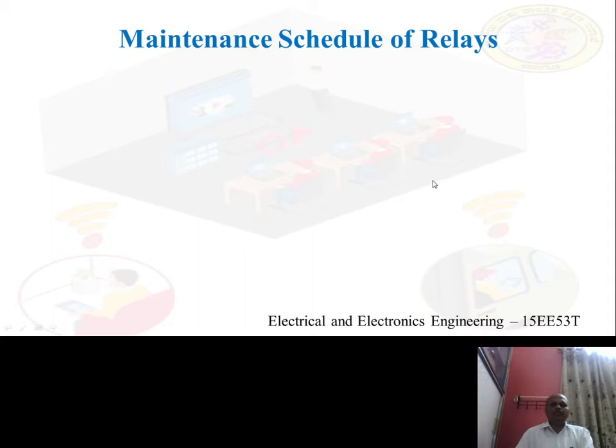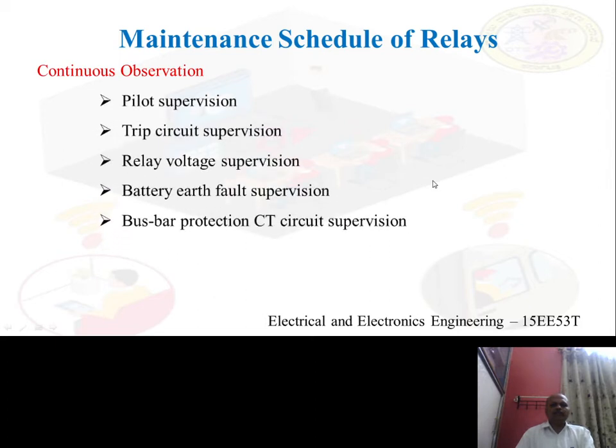Now, maintenance schedule of relays. Continuous observation. These things need continuous supervision: pilot supervision, trip circuit supervision, relay voltage supervision, battery earth fault supervision, bus bar protection CT, circuit supervision.